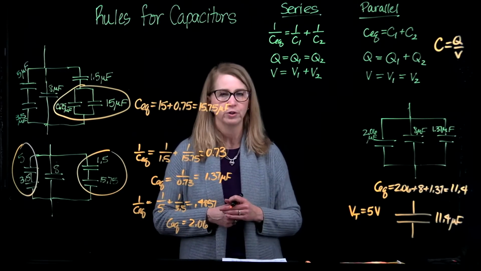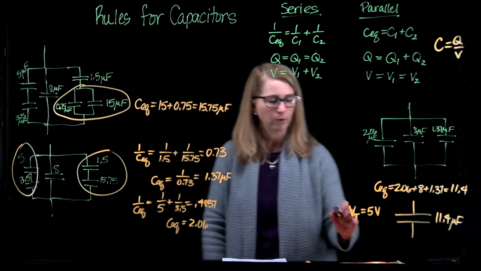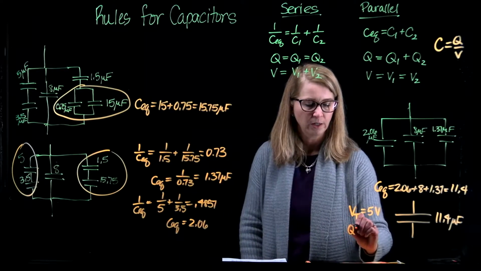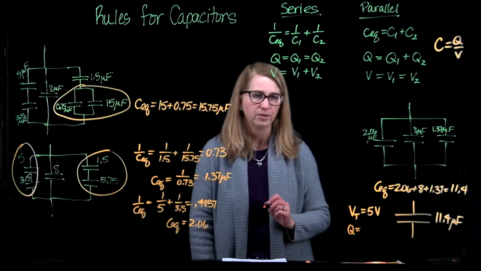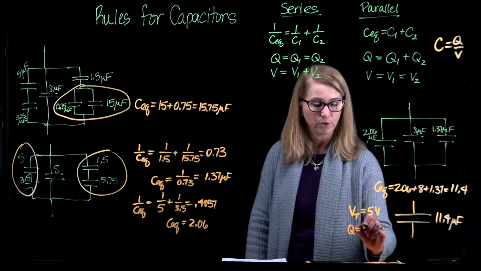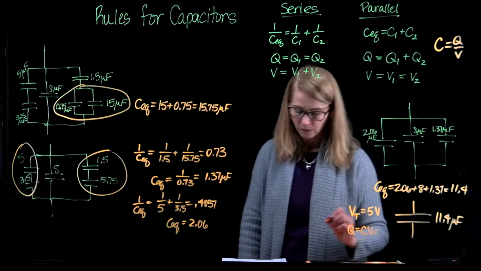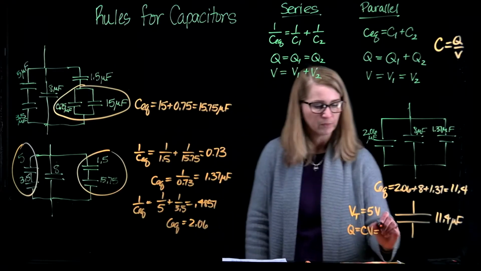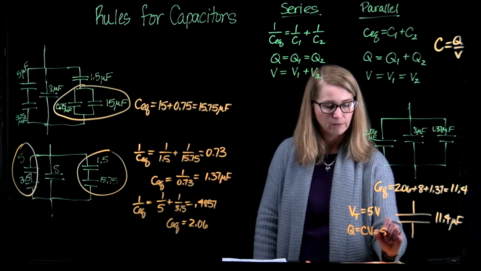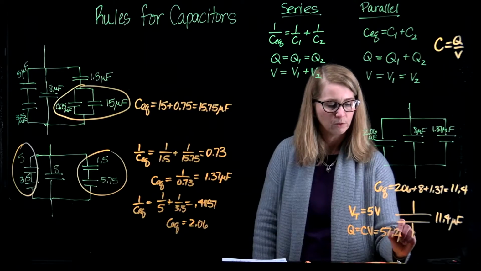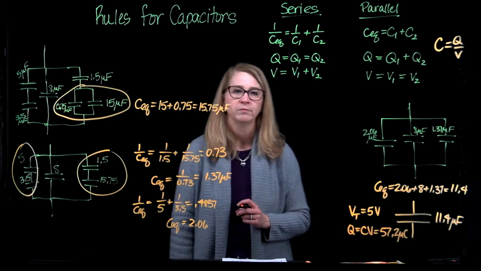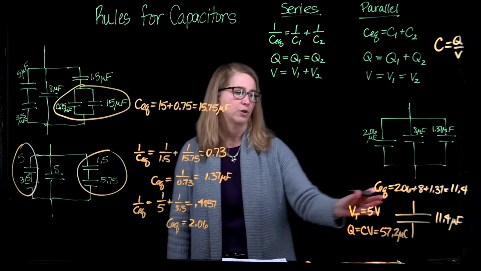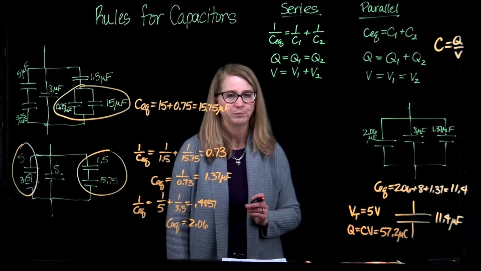It has a potential difference of 5 volts, and I might say, okay, so what's the charge on that capacitor? That's going to be equal to C times V, which is going to end up to be 57.2 microcoulombs. Now that's the total charge on this equivalent capacitor.